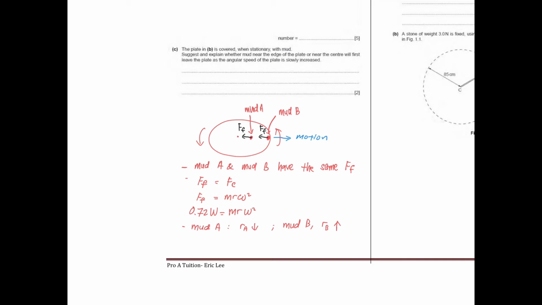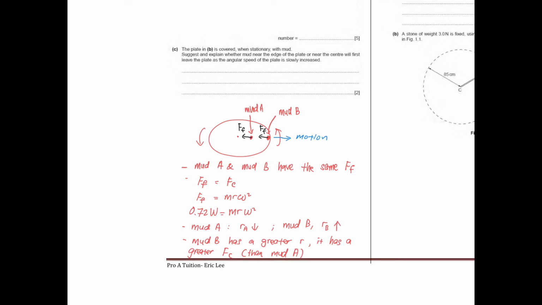Now, because mud B has a greater R, I write down first: mud B has a greater R, that means it has a greater centripetal force than mud A. Obviously, this is true, right?